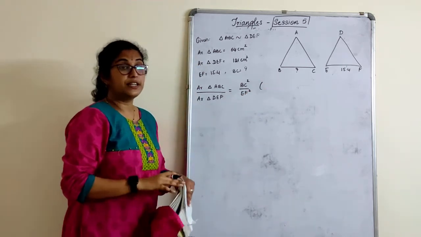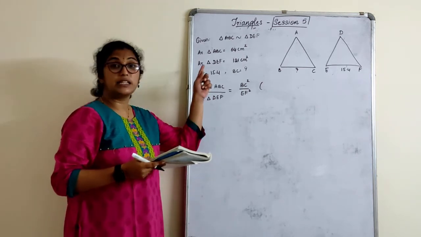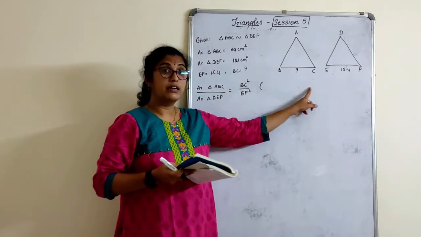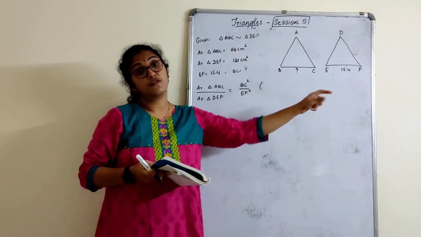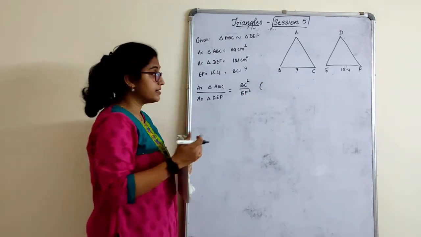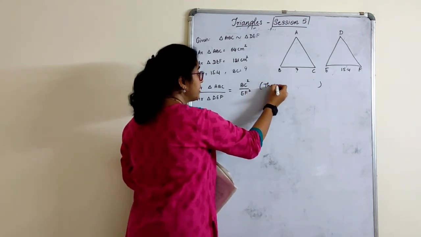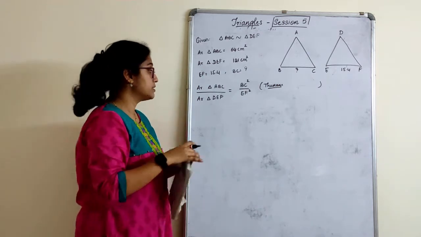Reason: when you have written the statement, you need to write the reason. What should be the reason? The reason should be the theorem: the ratio of the areas of similar triangles is equal to the ratio of the squares of the corresponding sides. That reason should be written here. Please don't just write the word theorem as I have; you have to write the complete reason.